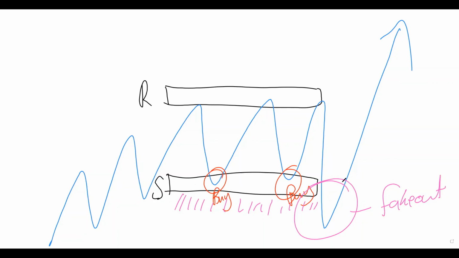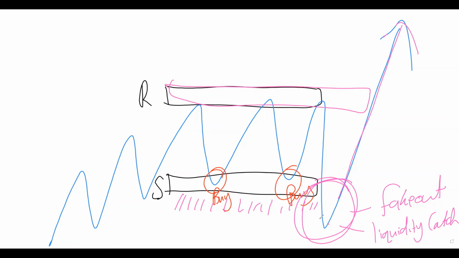So this is catching the liquidity that's below. So we call that a liquidity catch, right? So we've caught the liquidity below, and now price will break out of this resistance to the upside. So the liquidity that's below gives price the momentum to continue its run to the upside.